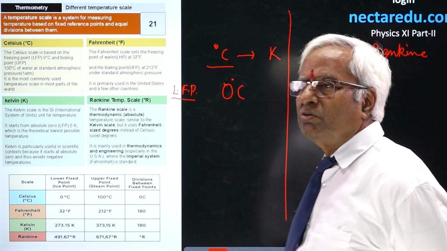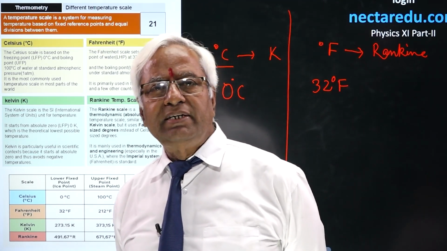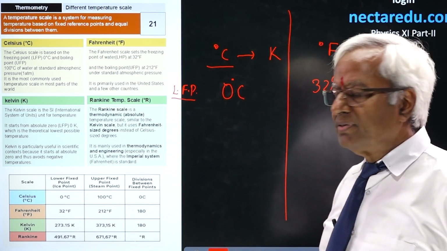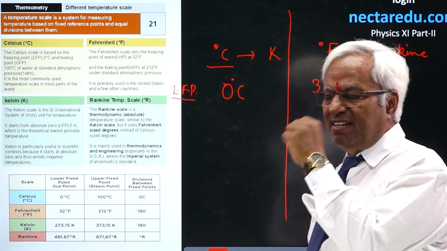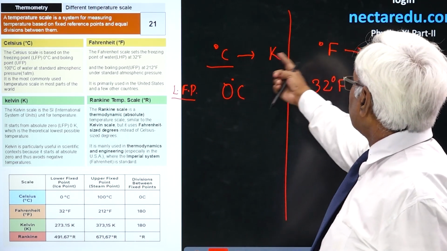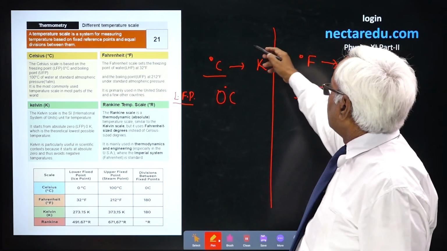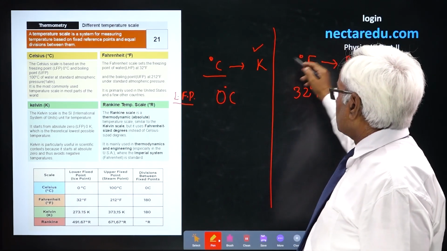There was one more scale that has become obsolete and is not much concern, so we are not considering that. That is Reaumur scale. So we are talking about only these two scales, and by parallel, the Kelvin and Rankine scales also.